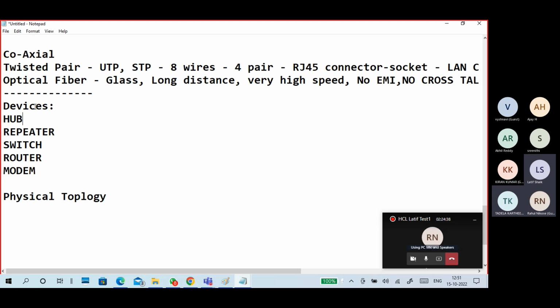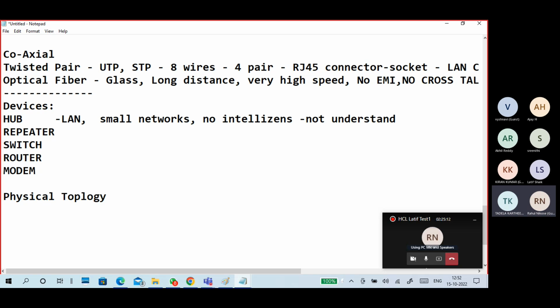What is the use of hub? It is used in LAN, small networks. No intelligence. No intelligence means it cannot understand MAC or IP address.